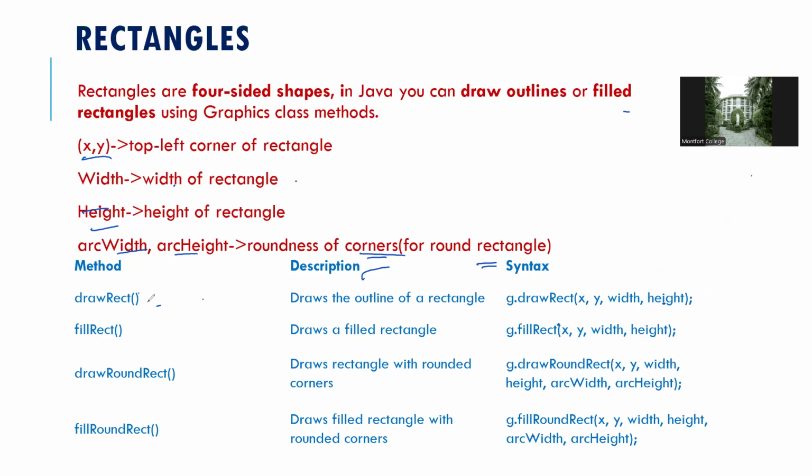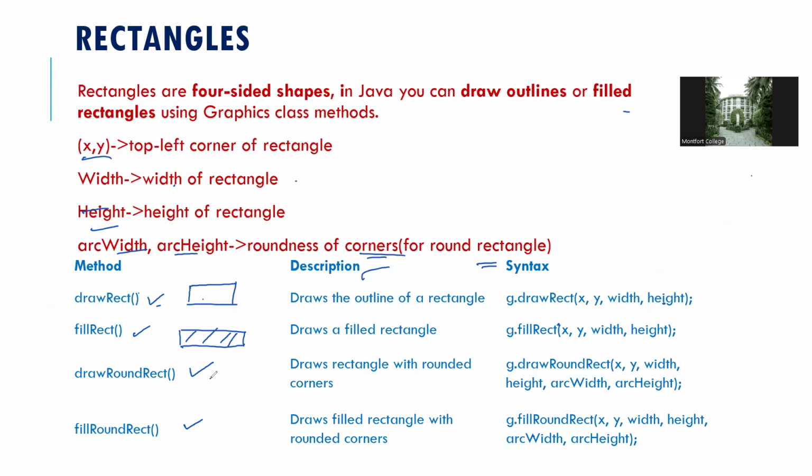So we have draw rect, fill rect, draw round rect, fill round rect. Draw rectangle means only the outer line. Fill rectangle means the outer line with filled colors.